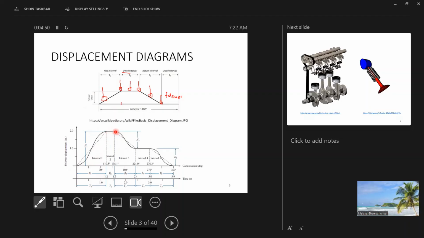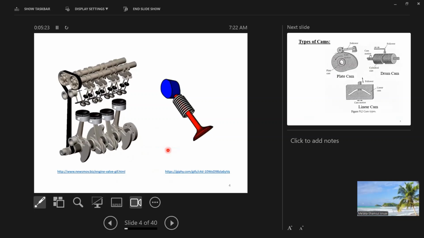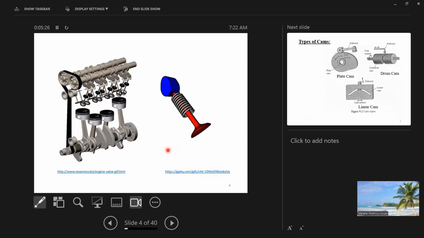Then when the curve goes downhill, it's called fall motion. Then we have this plateau again, and then fall motion. The types of motion are numerous. Some will look something like an S here, but there are specific names for these kinds of motions that we will talk about in a bit.